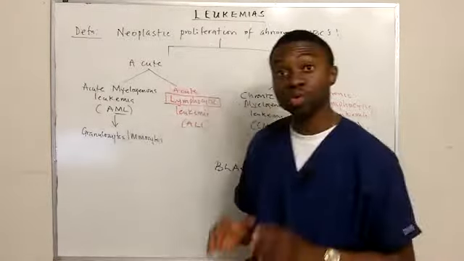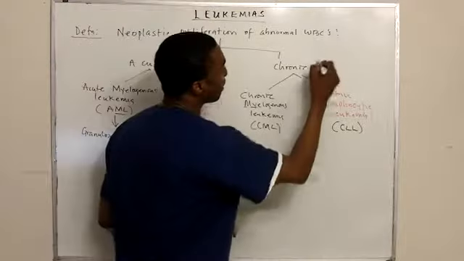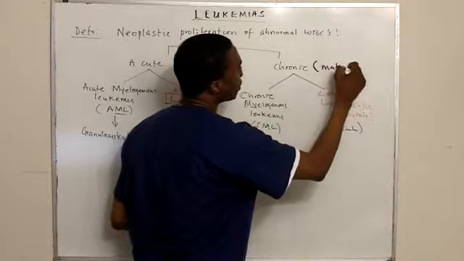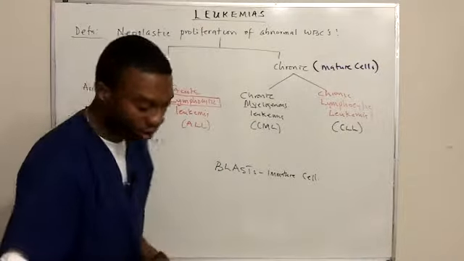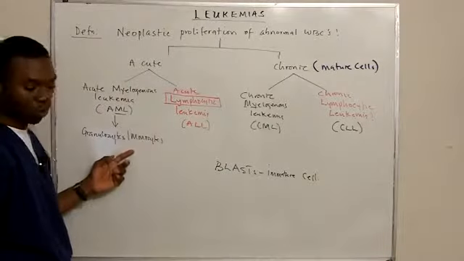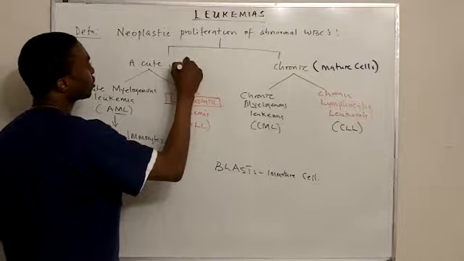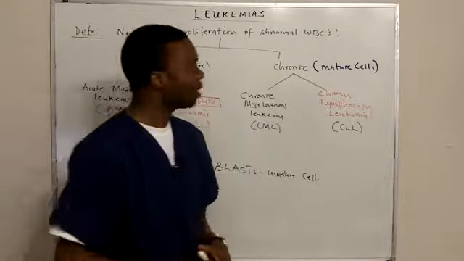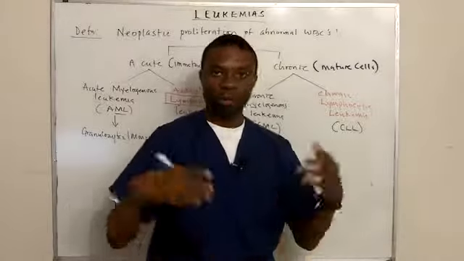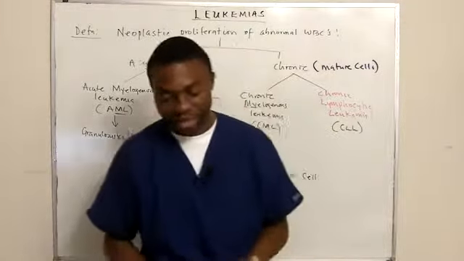Now, chronic leukemias often affect mature cells. So the white blood cells are already mature at this point, compared to acute leukemias, which affect blast cells, which are immature. So always think of acute leukemias in kids that are immature. Think of chronic leukemias when people are adults and they have grown up, and that's the kind of cell lines that are going to be affected.